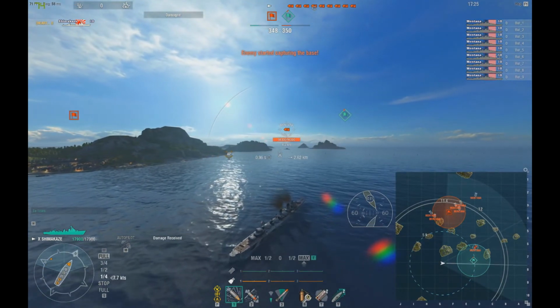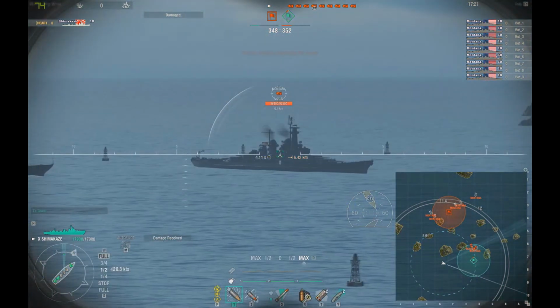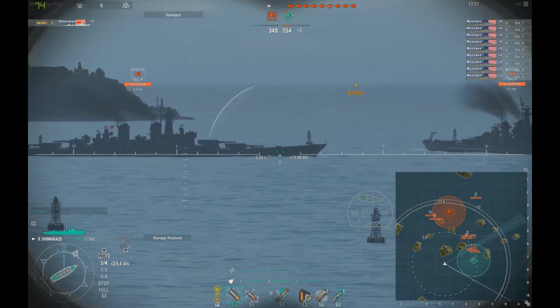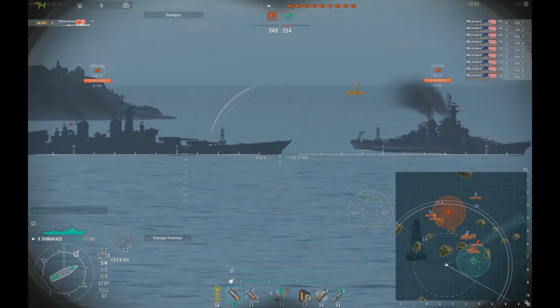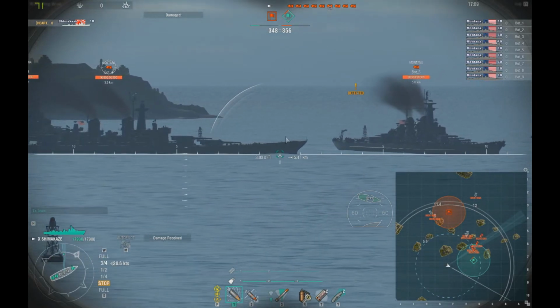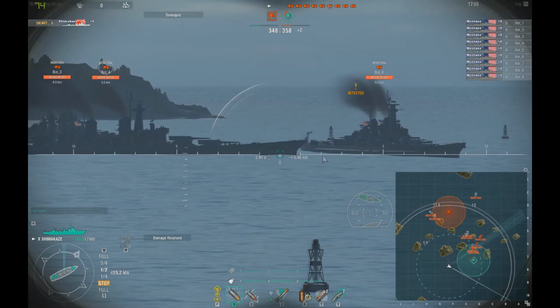So if you have this Montana, it's not going at 30, trust me. This one is nearly going at 30. But someone's figured out that if a ship goes at 30 knots, it'll take it 1 second to move that distance.